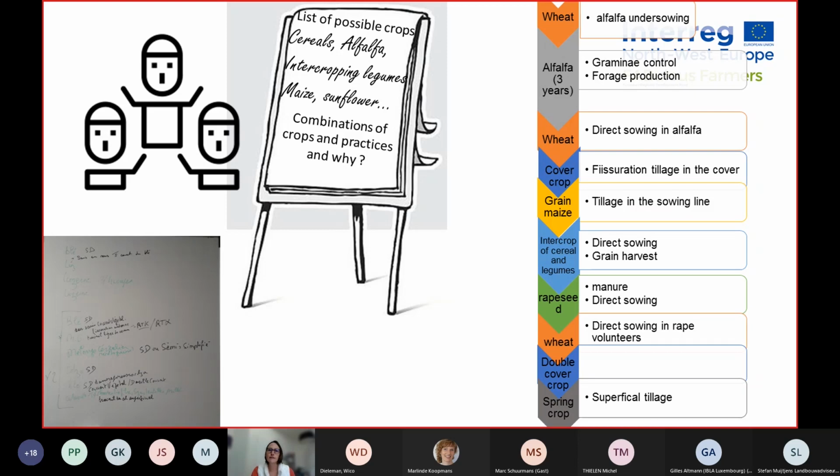And after this workshop, we realized a simple assessment of the economic feasibility of this rotation, which is now in test, in its main part, on one field of East Farm.